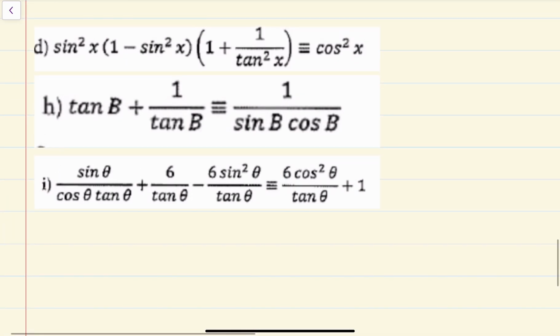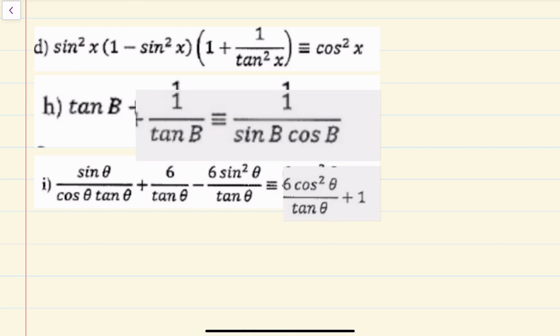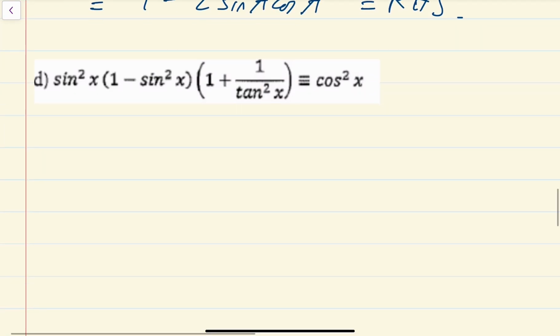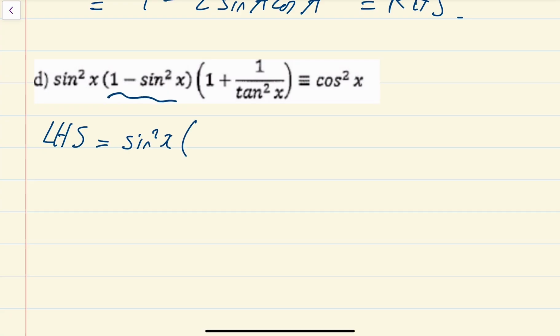Okay, the next one doesn't look easy at all, D. But we'll see, maybe it is when we get going. Right, we're going to look at our left hand side, and it was sine squared x and then 1 minus sine squared, I could write that as cos squared x. And then this thing in here, I'm going to change it. Remember we said that tan x was equal to sine x over cos x.